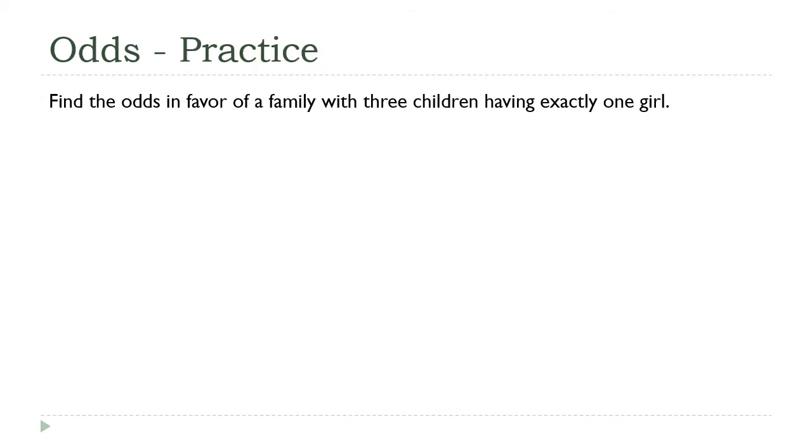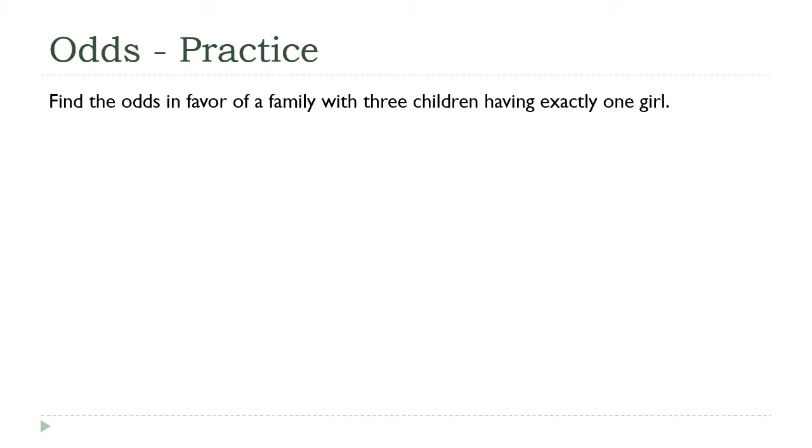So now let me give you one here. This is playing off of what we saw in the last lecture. Remember, we're talking about the odds of a family with 3 children. Remember, there are 8 different possible ways for a family to have 3 children, 8 combinations of boys and girls.